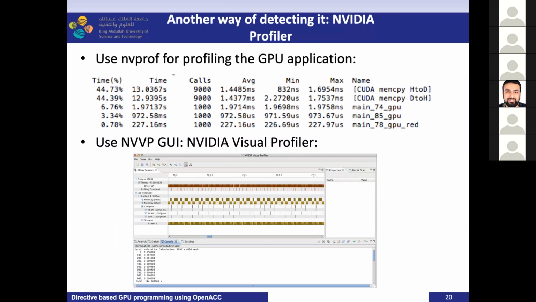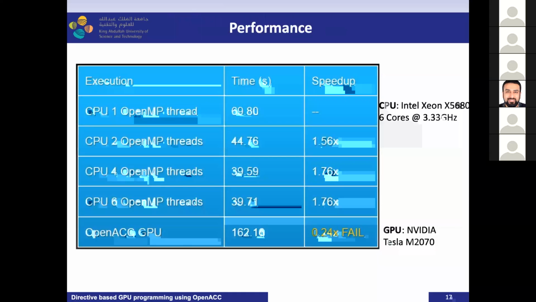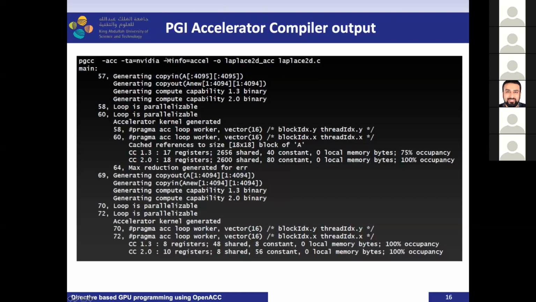So how to see that? So you can see it in more detail. So how to fix that? The latest PGI or NVIDIA features that were added is that when you compile, you add managed here. So you add managed here to manage your data automatically.